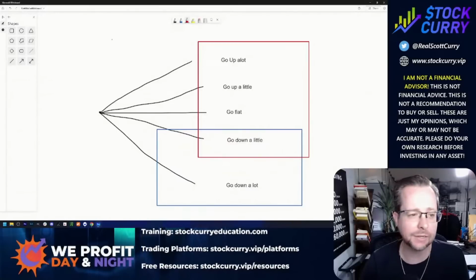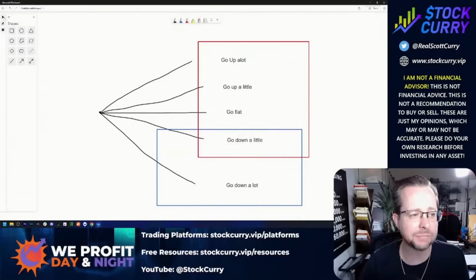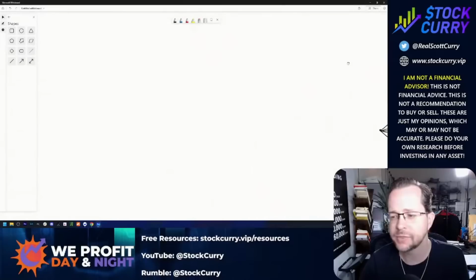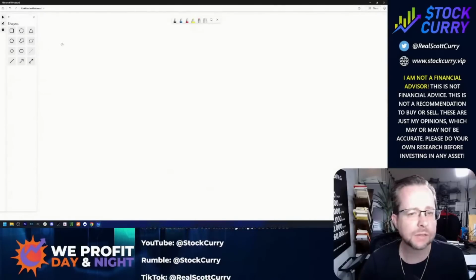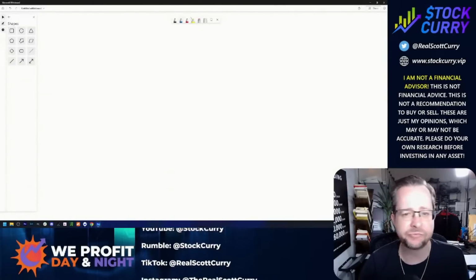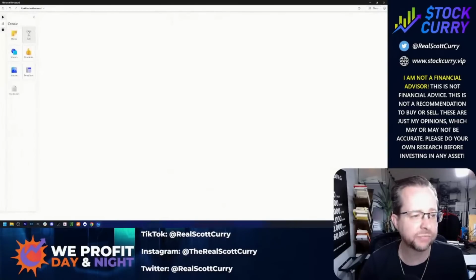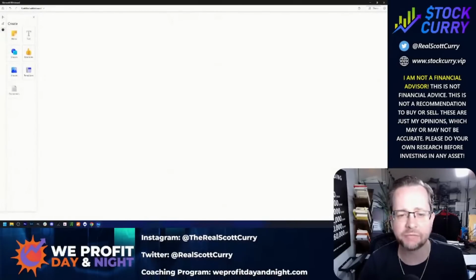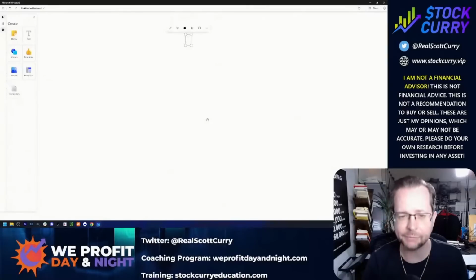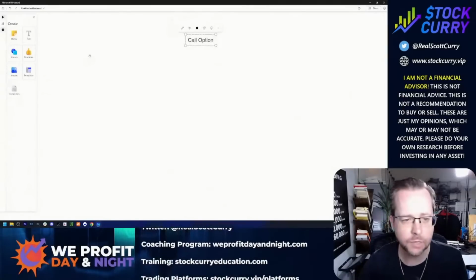So let's talk a little bit more about how this might actually work. Let's just do a little bit of fake math. And this math, again, it's fake. It's just to keep things simple, to explain how this might work. Let's say we're dealing with a call option, right?